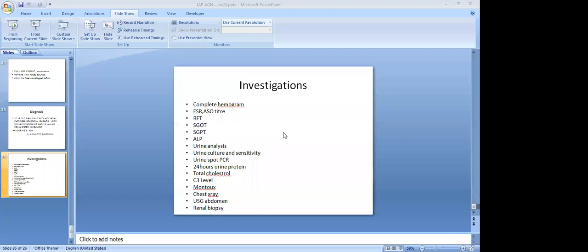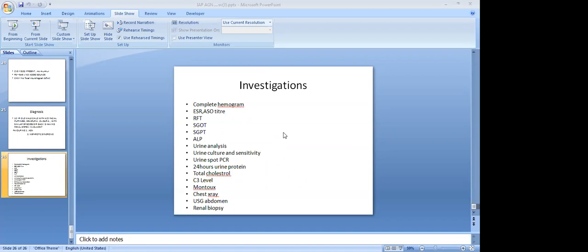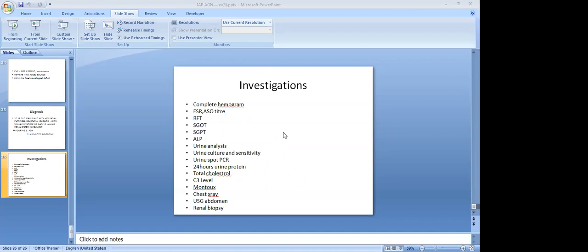What is your antihypertensive of choice in a child with AGN? Calcium channel blockers, ACE inhibitors. So if it is PIGN, is calcium channel blocker the antihypertensive of choice? Diuretics. Yeah, so diuretics are also good antihypertensive agents.